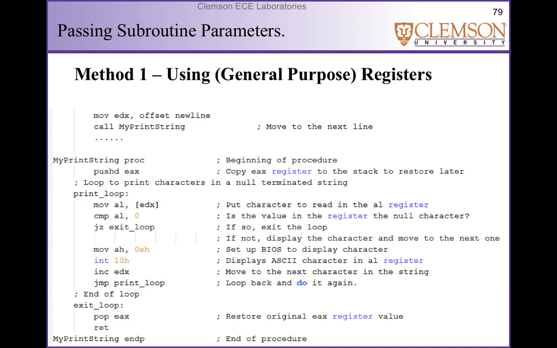So method one is using general purpose registers. Your general purpose registers are your 4 ABCD registers. You can use those registers, store something, and push it through to use these parameters inside the functions.